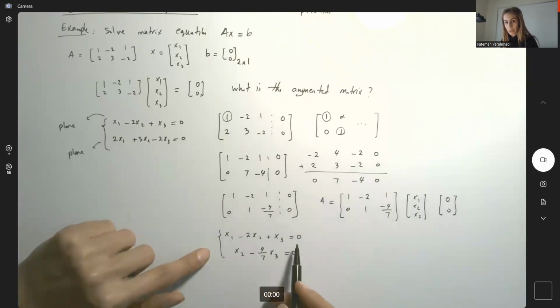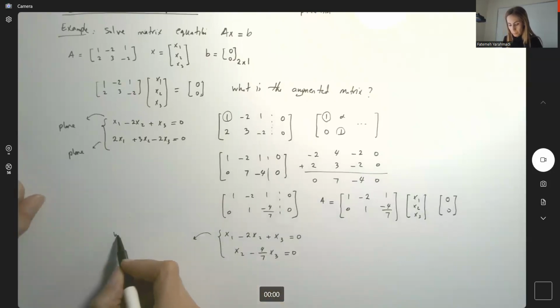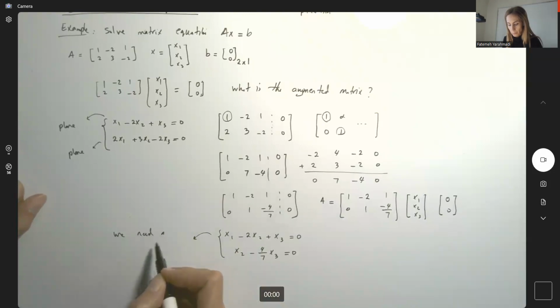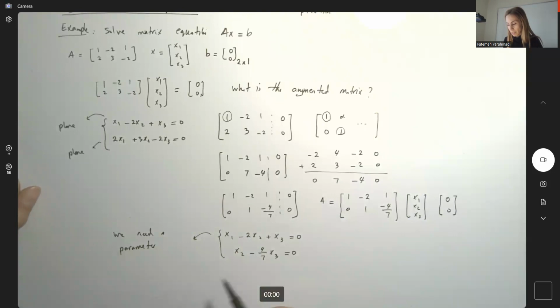You need to assign a parameter to it. We need a parameter. Well, you might say, hey, I'm going to, for example, take x3 and call it t. I can take x1 and call it t, or I can take x2 and call it t. It doesn't matter which one you're using.